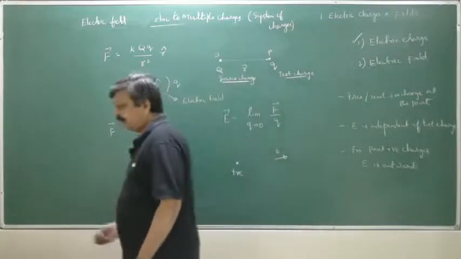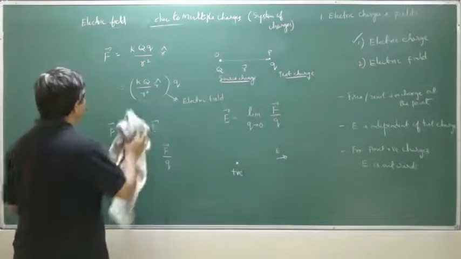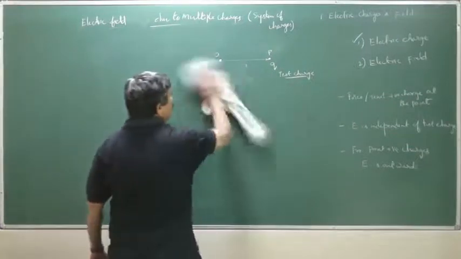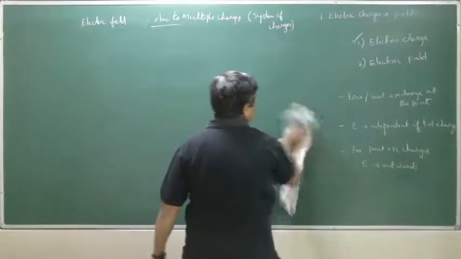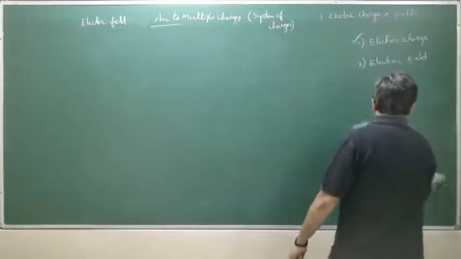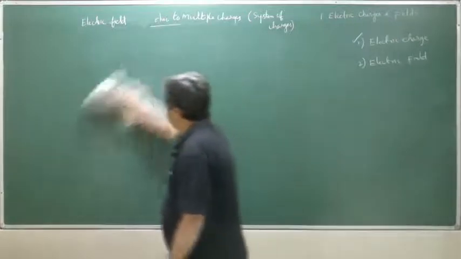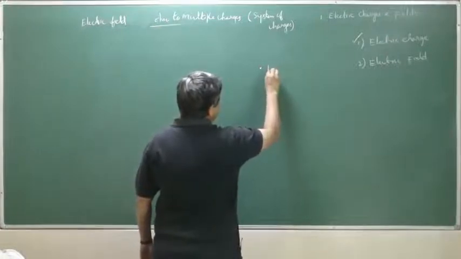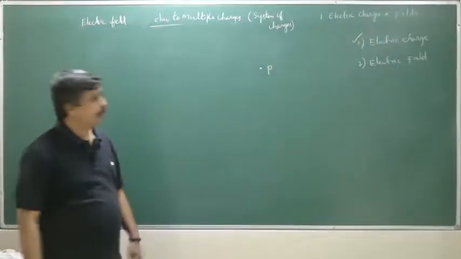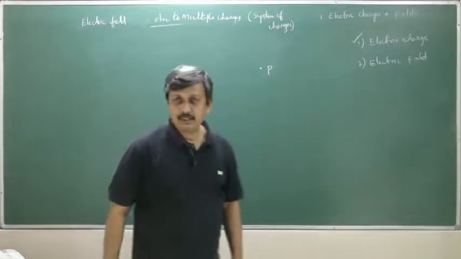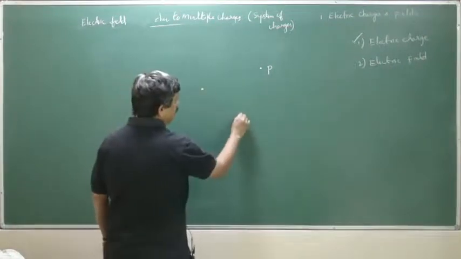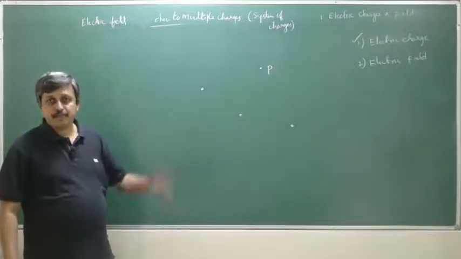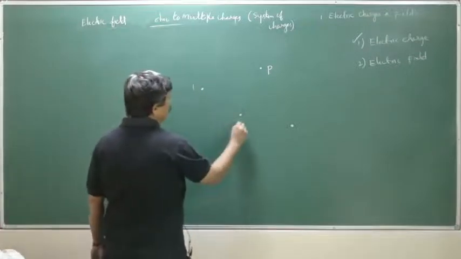How do you calculate the electric field due to a system? It's a very simple, straightforward way to do it. Let us say this is the point P, and I want to calculate the electric field due to three charges here: charge 1, 2 and 3. I can put any number of charges.